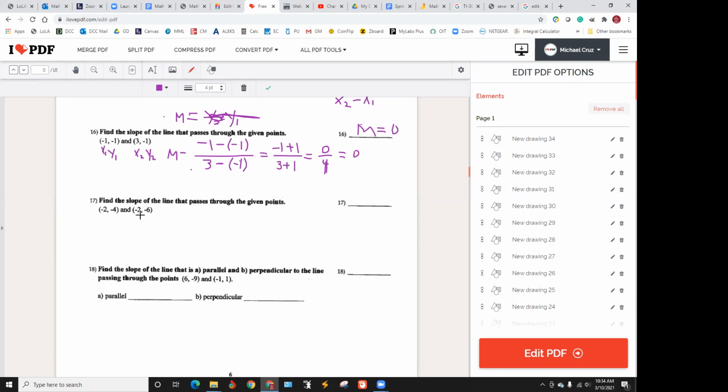So another slope. We're just going to use that same formula. These are the same, but now they're in the x position. So what do you think the slope's going to be? So this is -6.